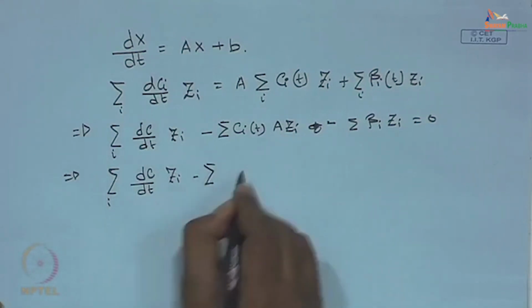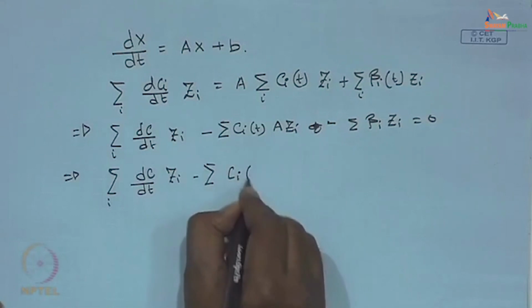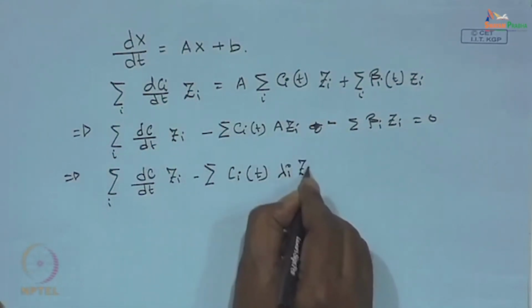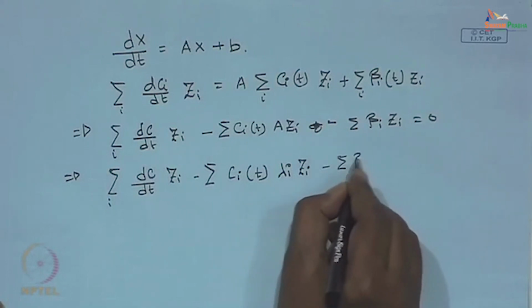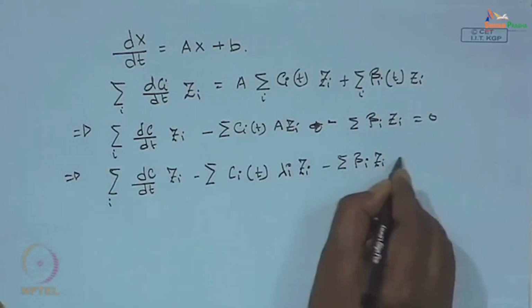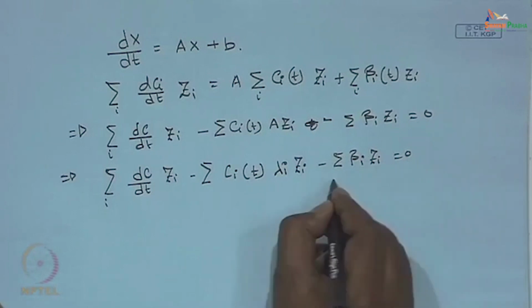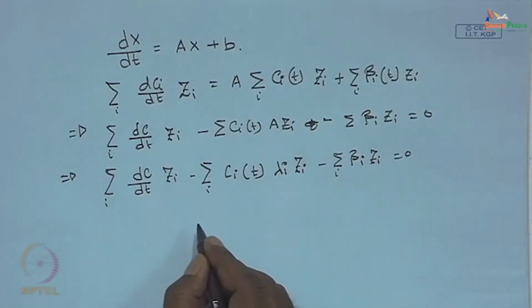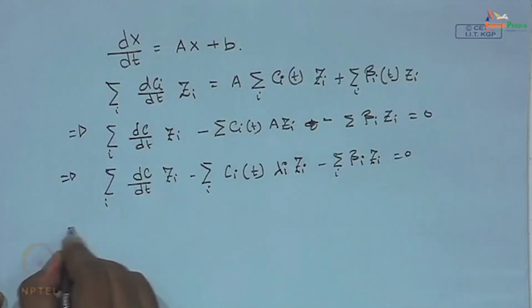So, therefore, this becomes c_i(t) lambda_i z_i minus the summation of beta_i z_i is equal to 0, and all these summations are over the index i, which runs from 1 to n for an n-dimensional problem.